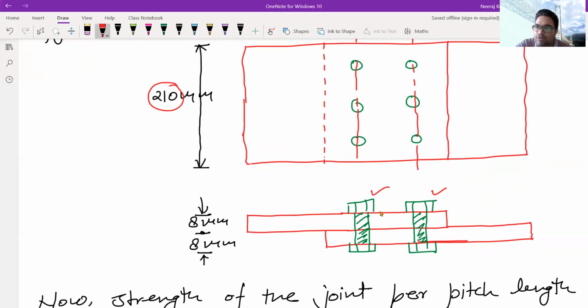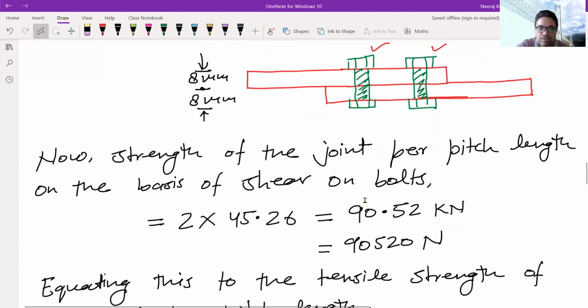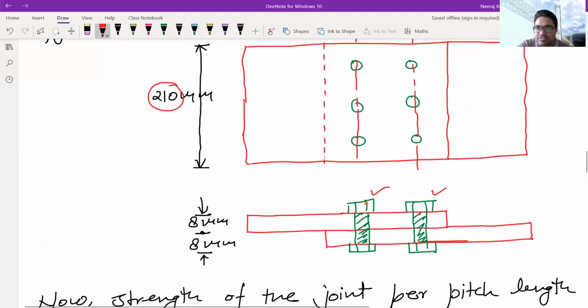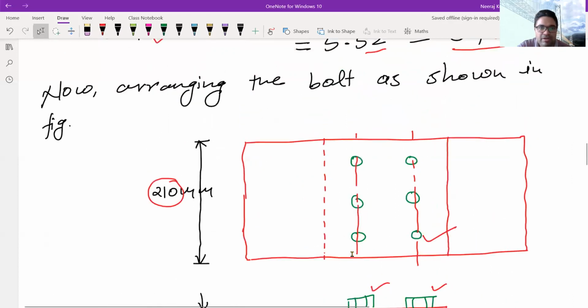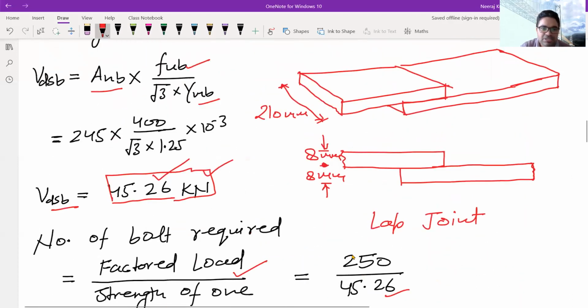Now we are about to find out the strength of the joint per pitch length. Our ultimate aim is to find out the pitch. As we have already arranged the bolts in 2 rows, look at this shear strength again: I had assumed that there is only one bolt.